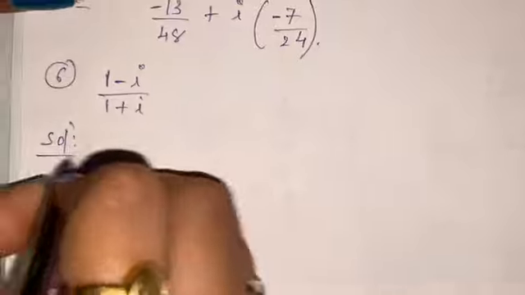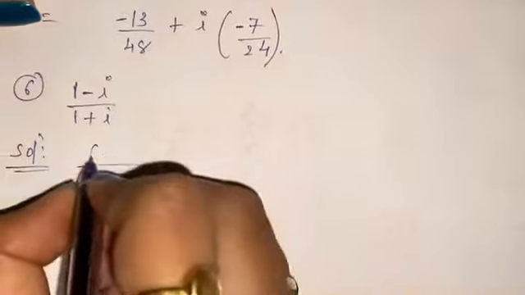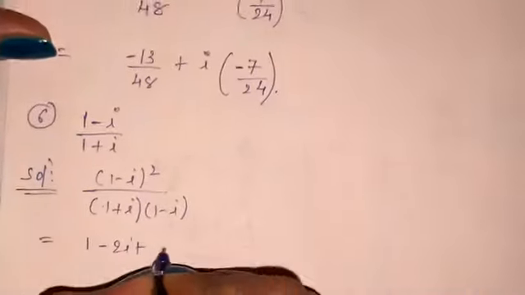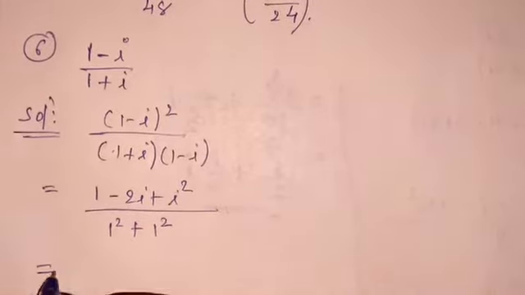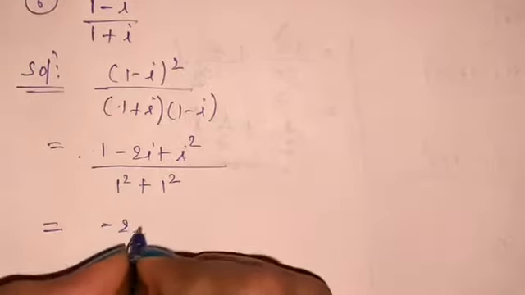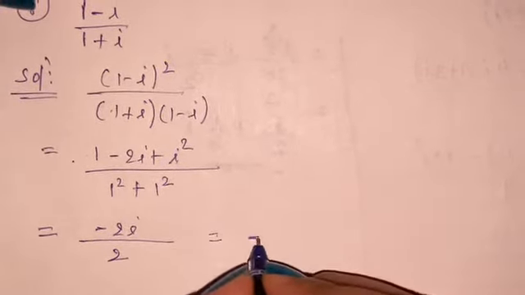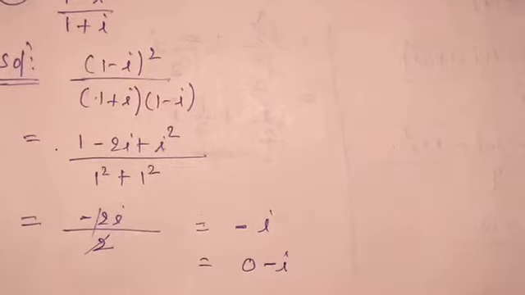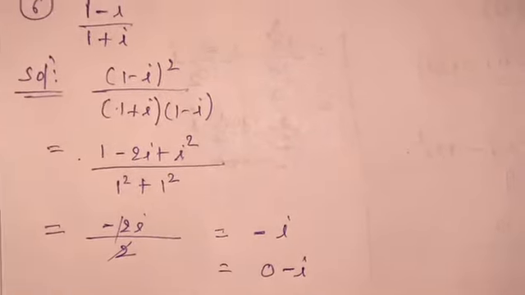So solution will be, rationalize this: multiply by 1 minus i on top and bottom. The numerator is (1 minus i) whole squared, that will be 1 minus 2i plus i squared, by 1 squared plus 1 squared. i squared is minus 1, so minus 1 plus 1 cancelled, so minus 2i by 2, 2 cancel, so you will get 0 minus i as the final answer. Clear? Now next question.